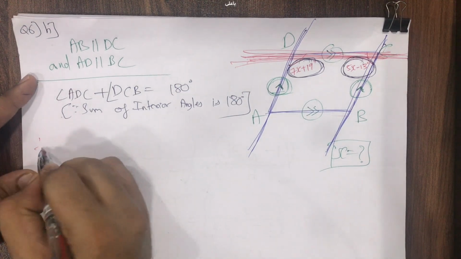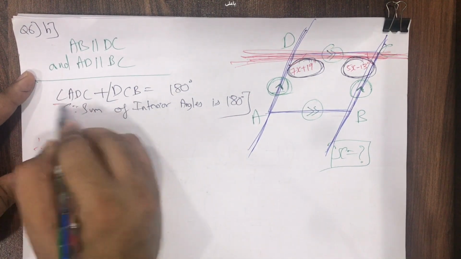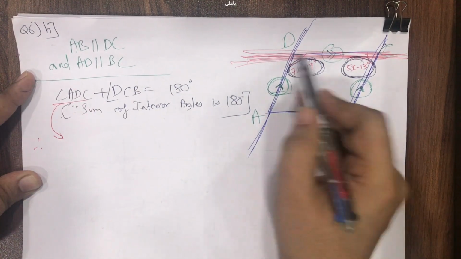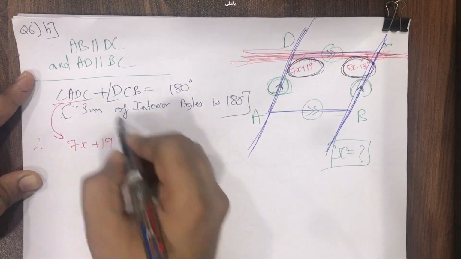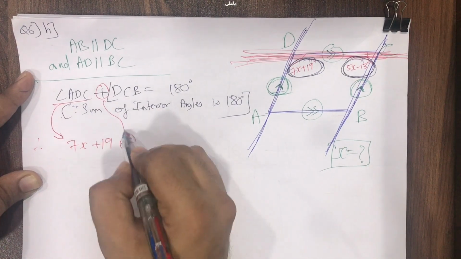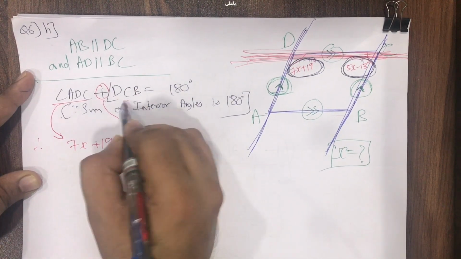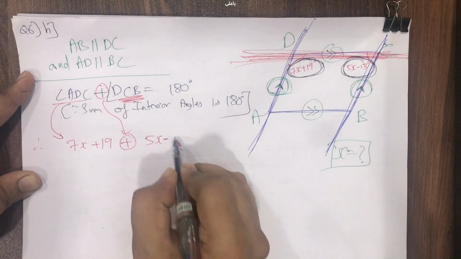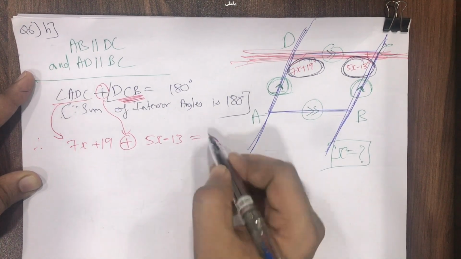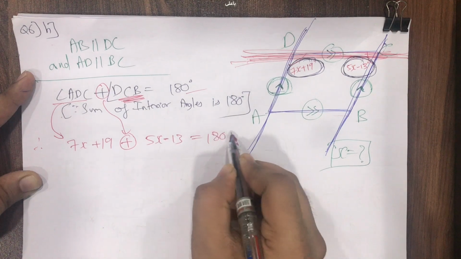So therefore, what's the value of angle ADC? The value of angle ADC is 7x plus 19, plus, as it is in between, this plus comes here. What's the value of angle DCB? Angle DCB is 5x minus 13. 7x plus 19 plus 5x minus 13 is equal to 180 degrees.